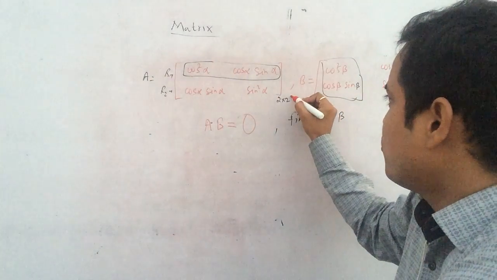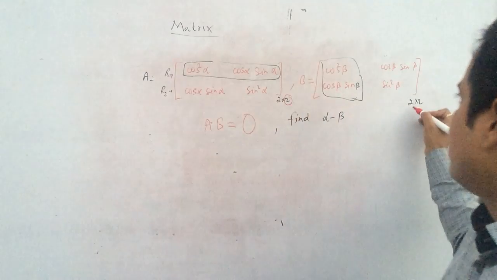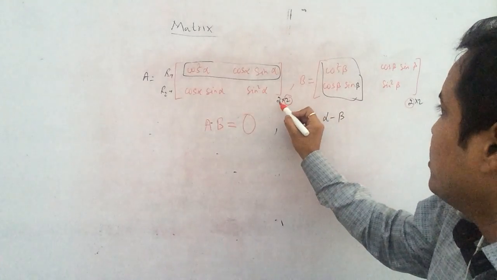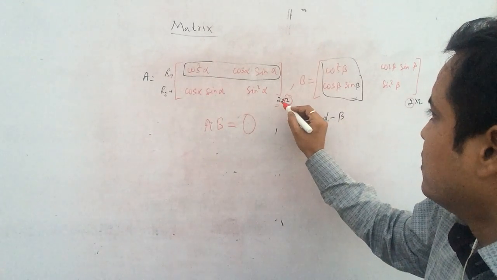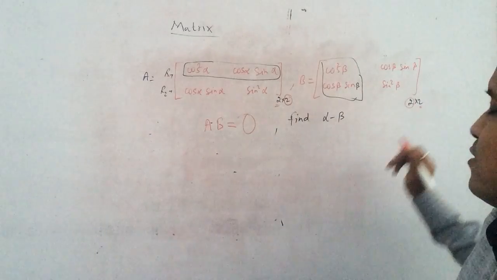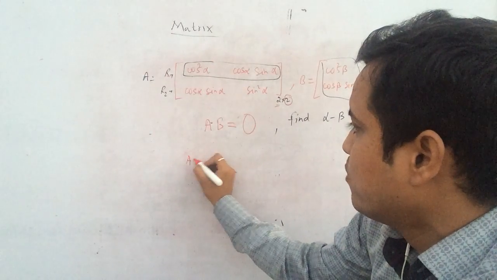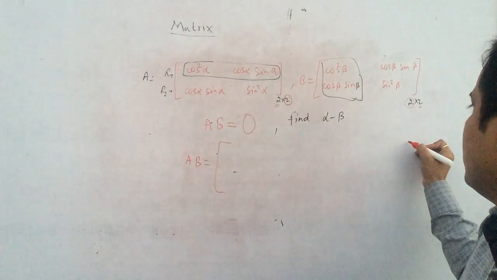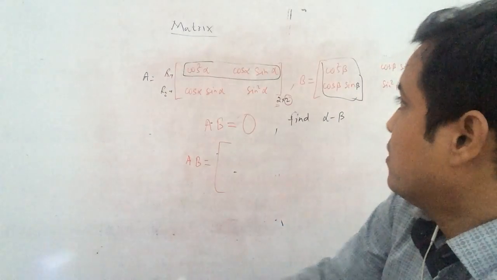First, the columns of the first matrix should be equal to the rows of the second matrix. Yes, it is equal. Now your answer AB would be of order 2 cross 2.